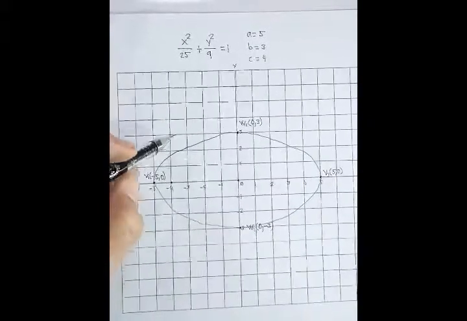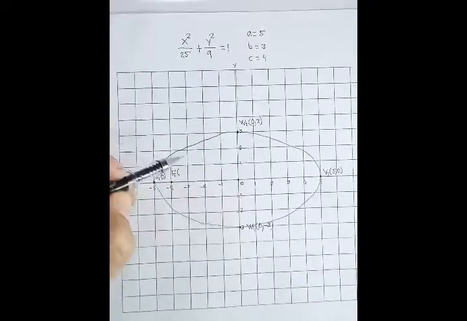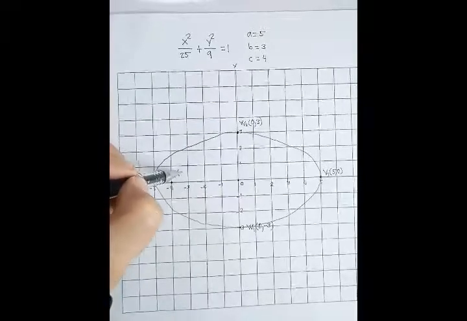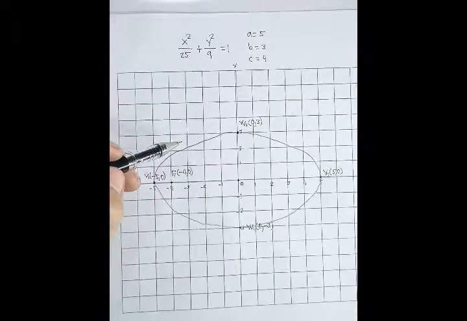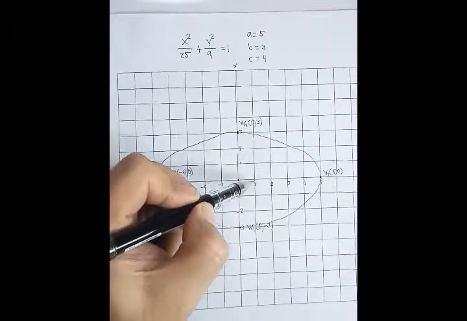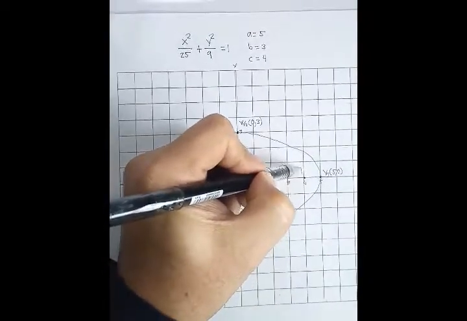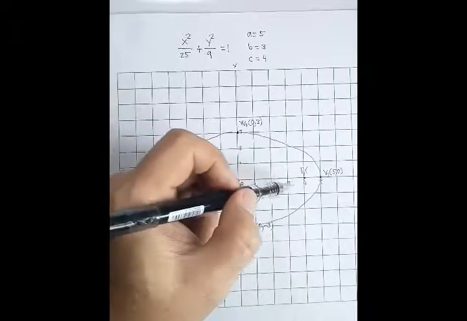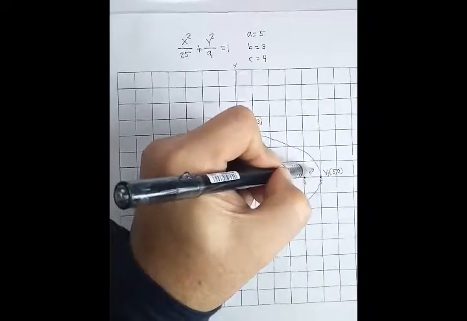So this is now our F1. The location of our F1 along the x-axis is -4, 0. Then for F2, count 4 from the center: 1, 2, 3, 4. This is our F2. The location of our F2 is at 4, 0.